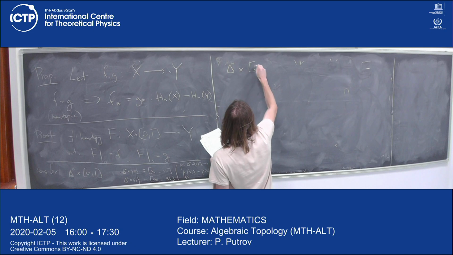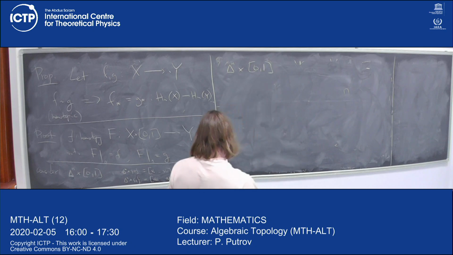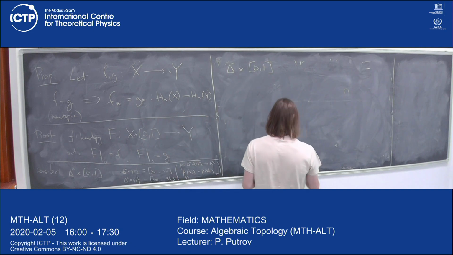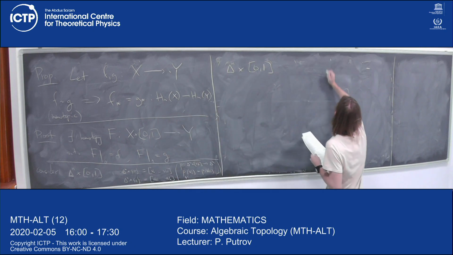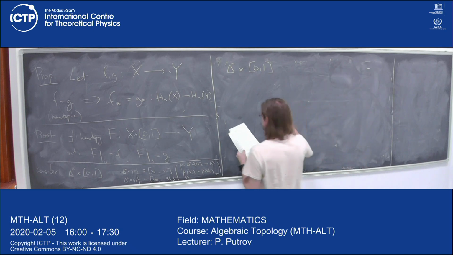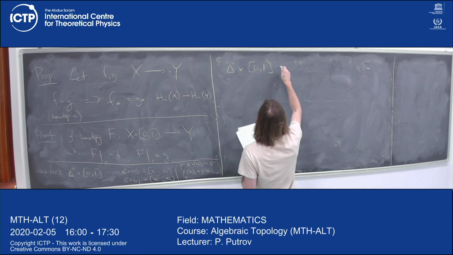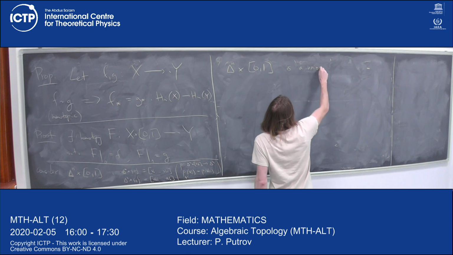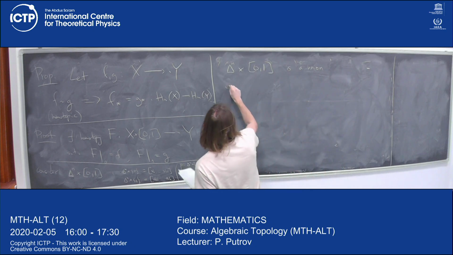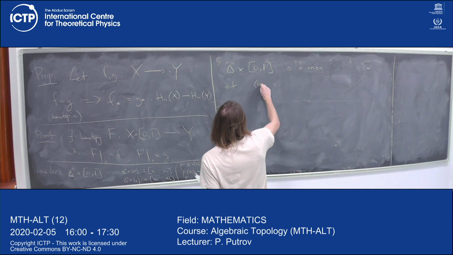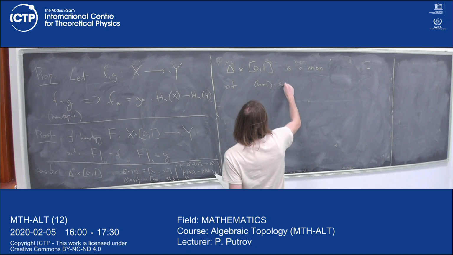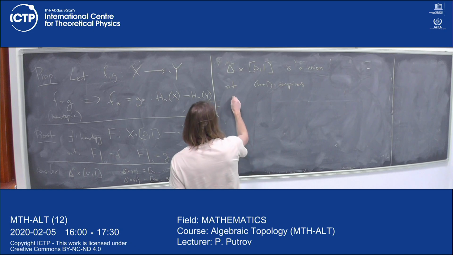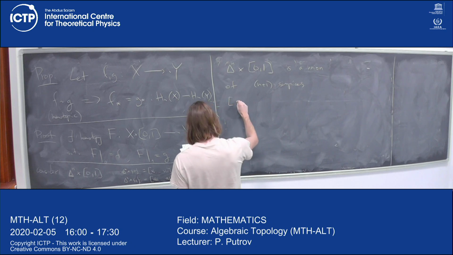We want to consider this space, and I want to understand this delta n times interval as a union of n plus 1 simplices with the following vertices.